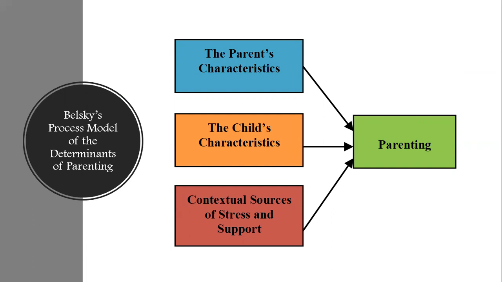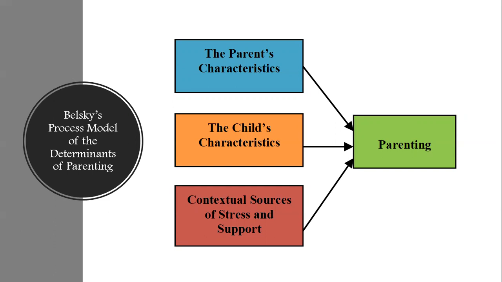So the underlying assumption of this theoretical model is that these sources that are present in the larger context can be a source of stress or they can be a source of support. So the marital relationship can be a source of stress or it can be a source of support. One's work environment can be a source of stress or it can be a source of support. And so overall, these three categories are all factors that can have a bearing on one's parenting.